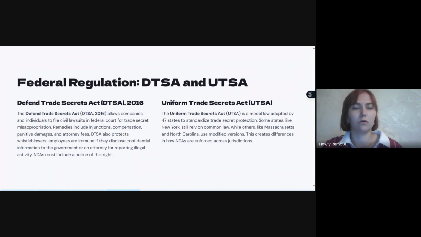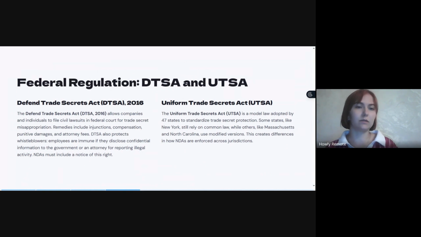Federal law. In the United States, there are federal laws that affect NDAs and trade secrets. Defend Trade Secrets Act. The DTSA allows companies to file a civil lawsuit in federal court if the trade secrets are stolen or misused.